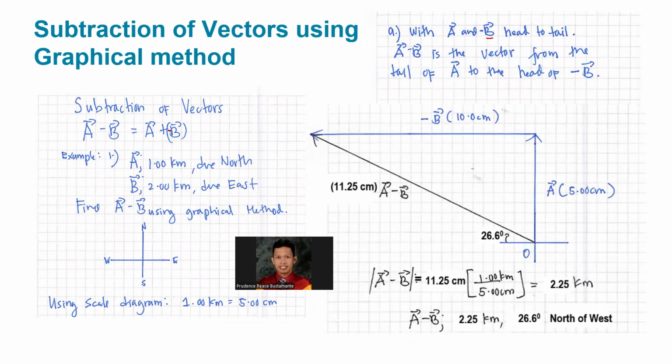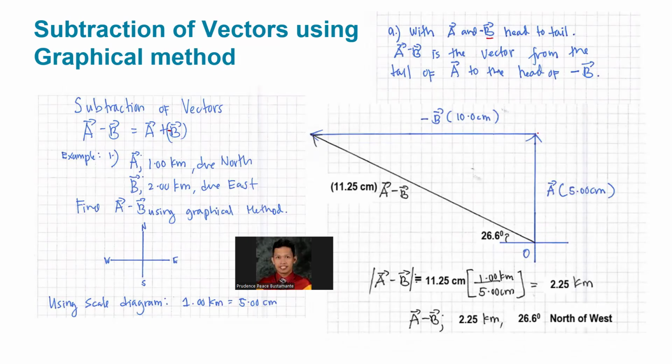So from the start, you draw A here. This is due north 5 centimeters, and then you add using the head to tail method. Instead of adding B, you add the negative of vector B, the same magnitude but opposite in direction.